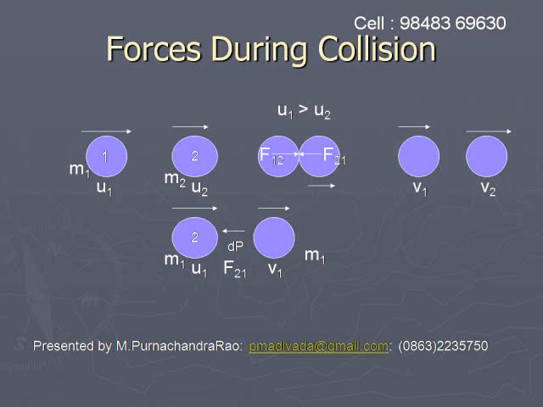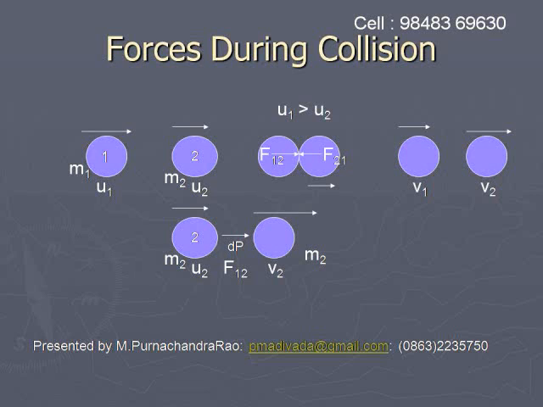Hence, the momentum of the first body decreases. So, the velocity of the first body decreases. So, the final velocity V1 must have less magnitude than that of u1. And for the second body, m2, the force is applied in the direction of velocity or momentum of the second body.